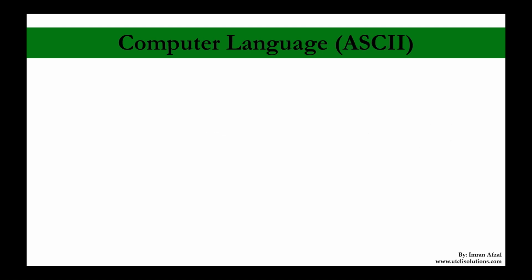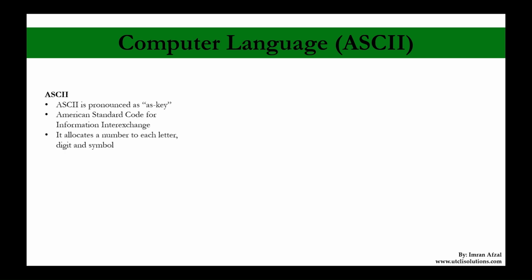Okay, moving forward, let's talk about ASCII. Now you have probably heard of ASCII. What is ASCII? It is pronounced ASCII, and it stands for American Standard Code for Information Interchange.